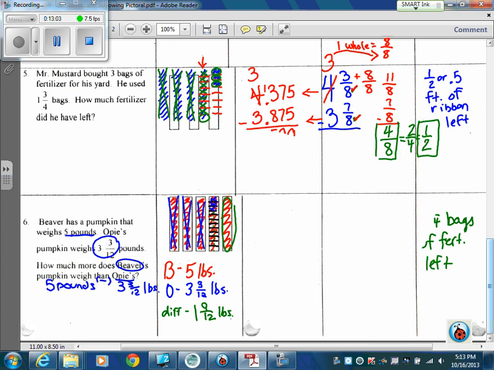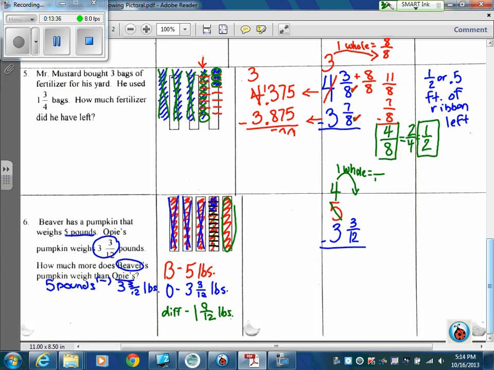Okay, so let's check it with our numbers. If Beaver starts off and his pumpkin is 5 pounds, and then Opie's is 3 and 3/12. Well, I'm comparing the two, that's subtraction. So first thing I noticed, just like the last problem, I don't have a fraction on top to take away from. I can't just bring down 3/12. I need to borrow, and I need to put a fraction here. Well, that fraction needs to equal 1 whole.